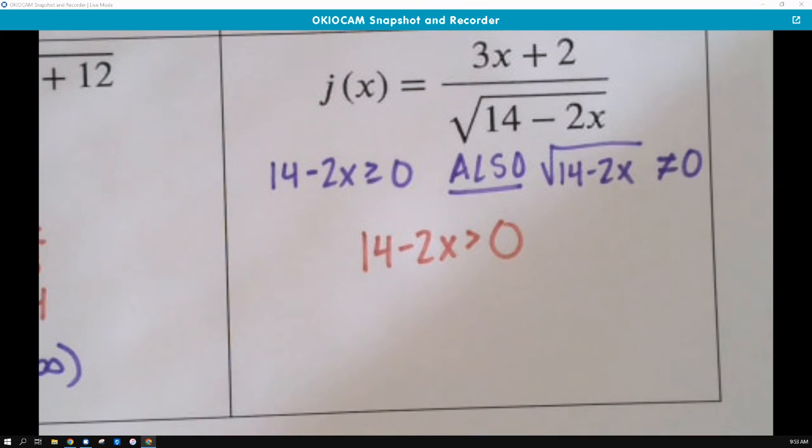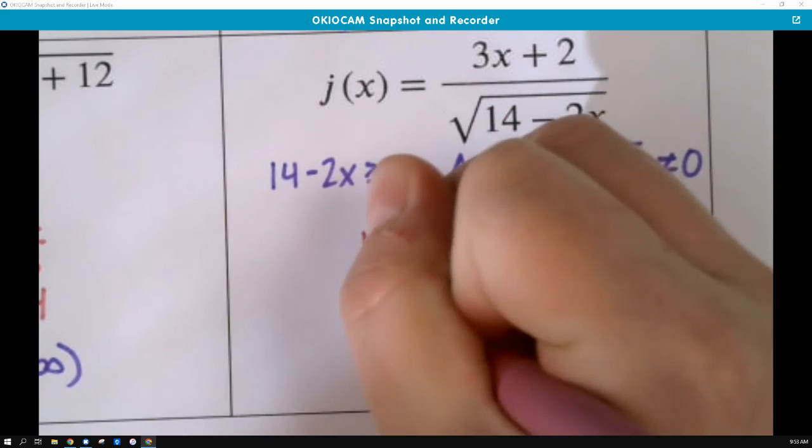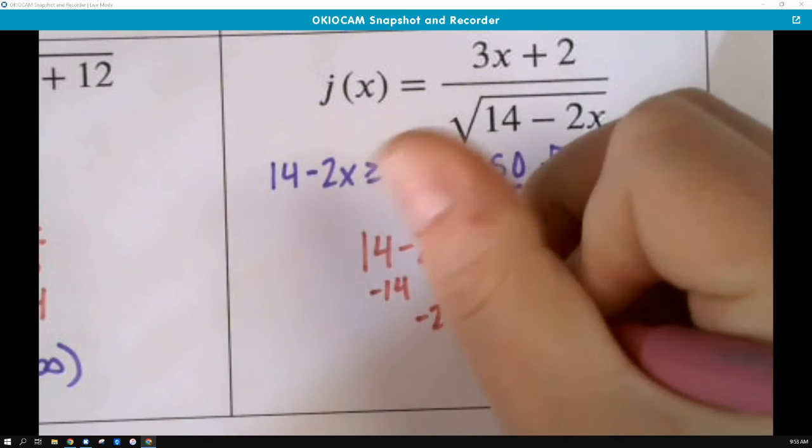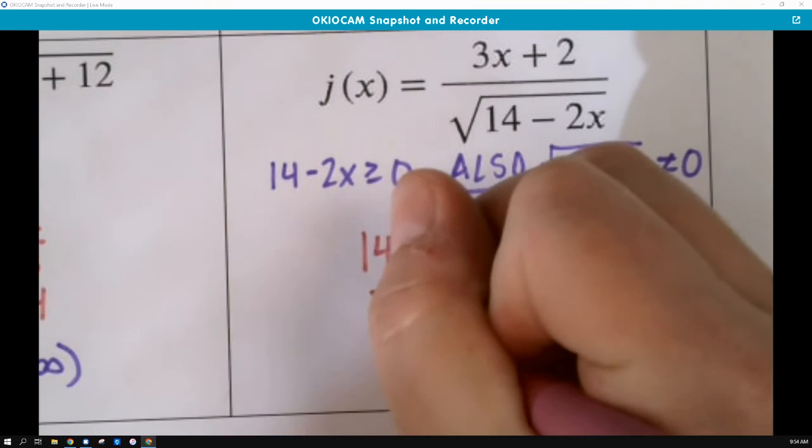So for this one, I'll subtract 14 from both sides. I'll get negative 2x is greater than negative 14. And then I will divide both sides by negative 2.